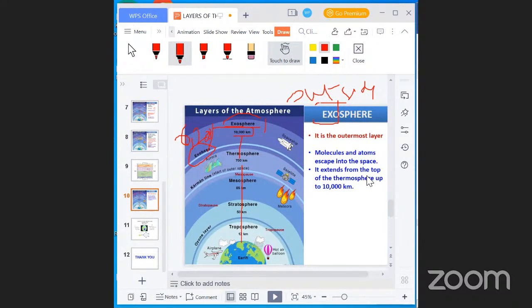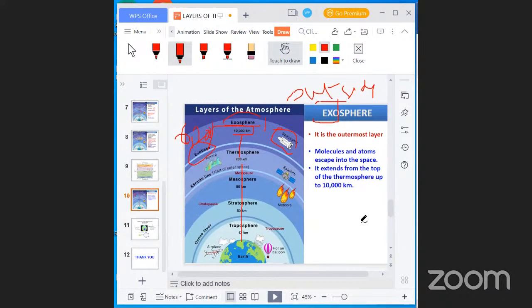In this layer, atoms and molecules escape into space, which is why it is referred to as the exosphere. You see here, this is space. The International Space Station orbit is also in the exosphere, right?